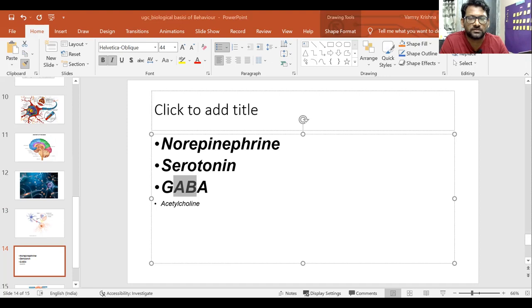So these are the neurotransmitters that we have seen: dopamine, norepinephrine, serotonin, GABA, acetylcholine, glutamate, and aspartate. And we have also seen what a few peptides would do to the brain and how behavior is altered.